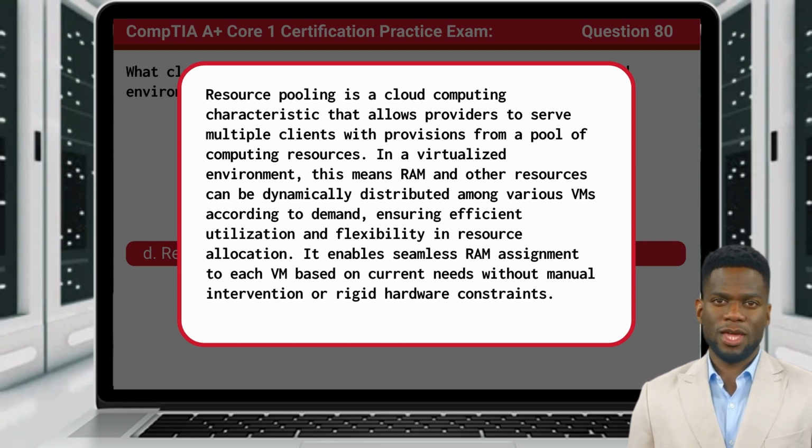In a virtualized environment, this means RAM and other resources can be dynamically distributed among various VM according to demand, ensuring efficient utilization and flexibility in resource allocation. It enables seamless RAM assignment to each VM based on current needs without manual intervention or rigid hardware constraints.